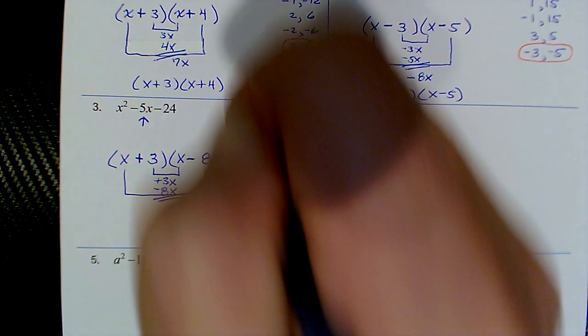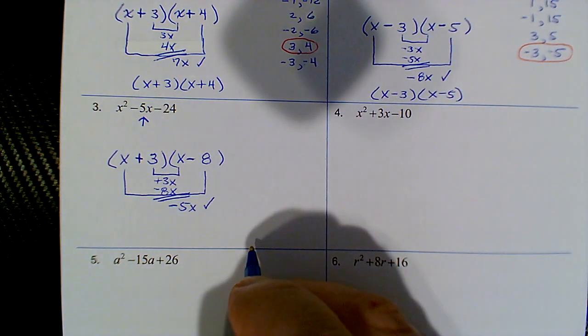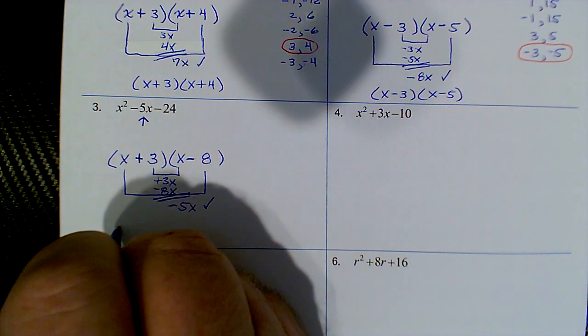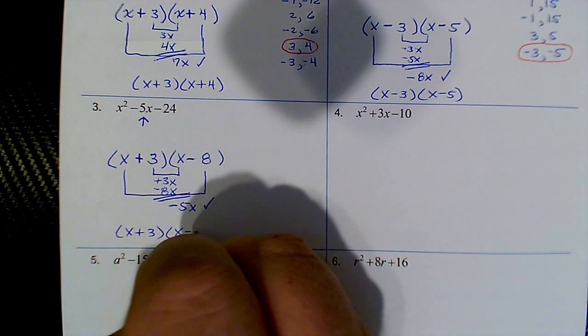I'll just put little check marks there. I probably should have been doing that all along. So the correct factorization, x plus 3, x minus 8.